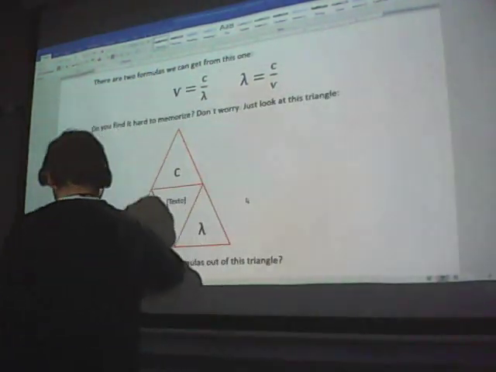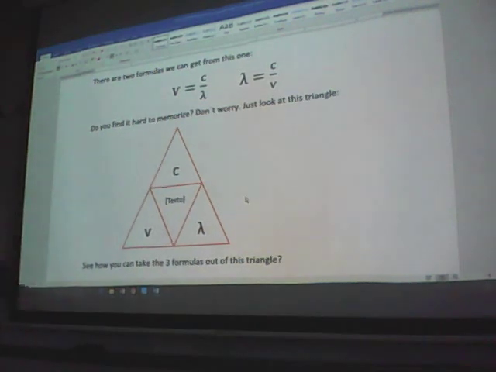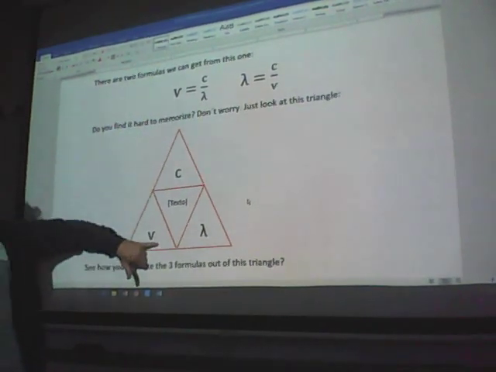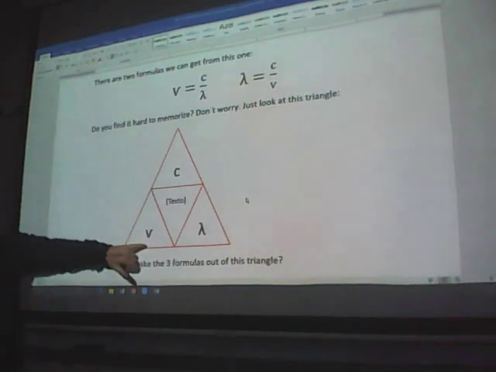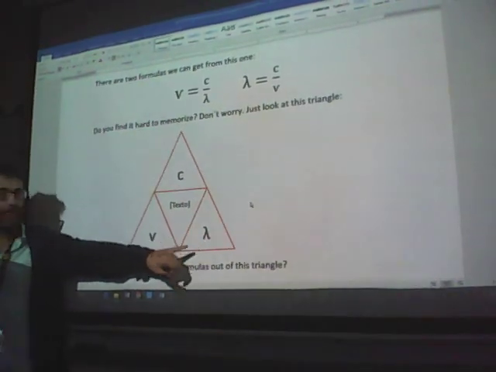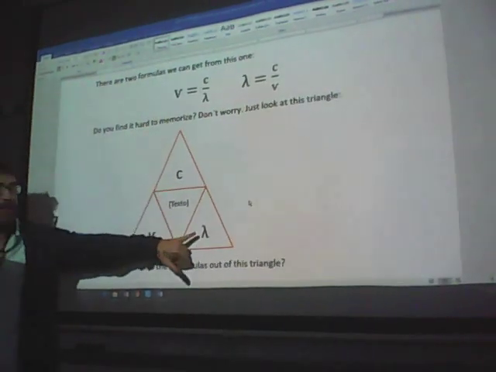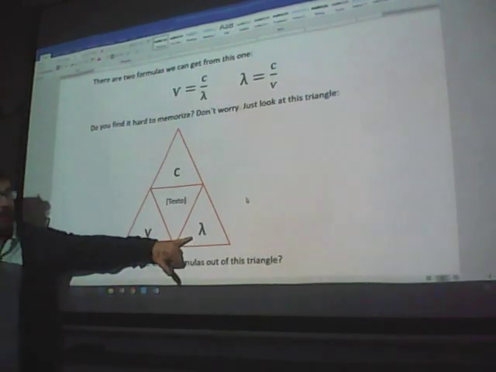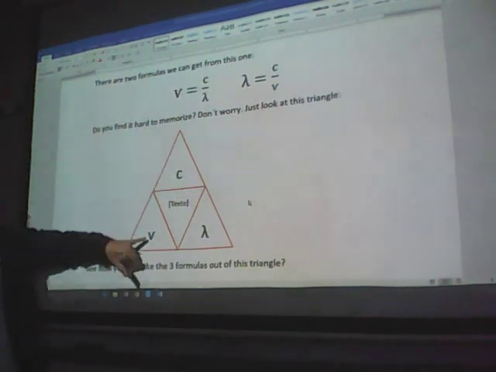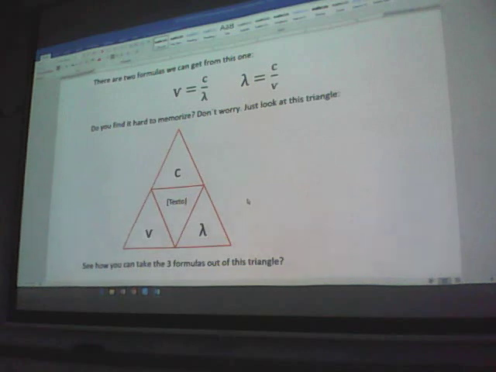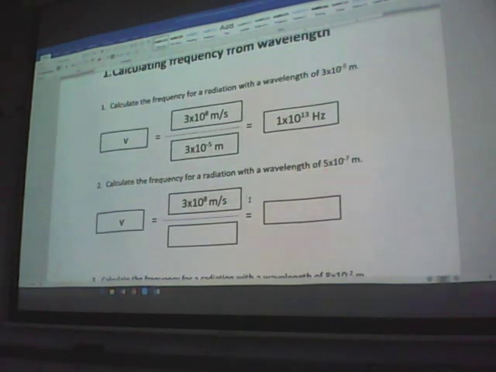I use this triangle so I don't have to memorize the formula. Here, speed of light is on one line, frequency times wavelength. Frequency is speed of light divided by wavelength, and wavelength is speed of light divided by frequency, okay? So you just have to memorize the triangle, okay?